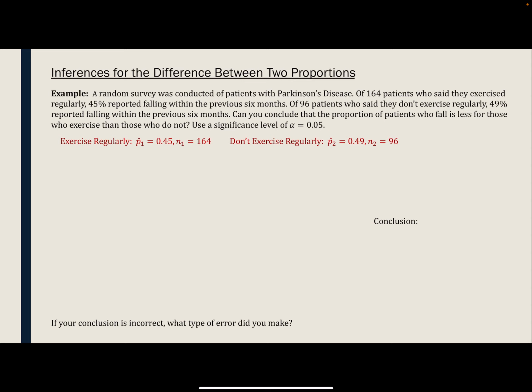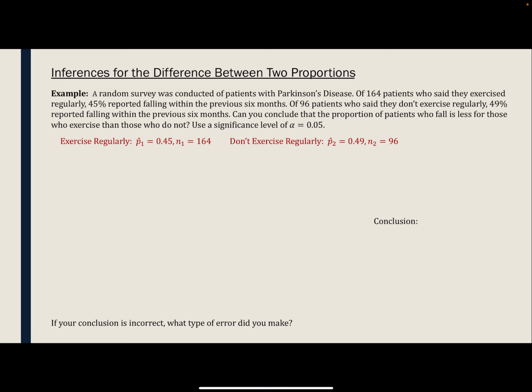Can you conclude that the proportion of patients who fall is less for those who exercise than for those who do not? So I've assigned P1 to be the proportion for those who exercise regularly and P2 to be the proportion for those who don't exercise regularly.